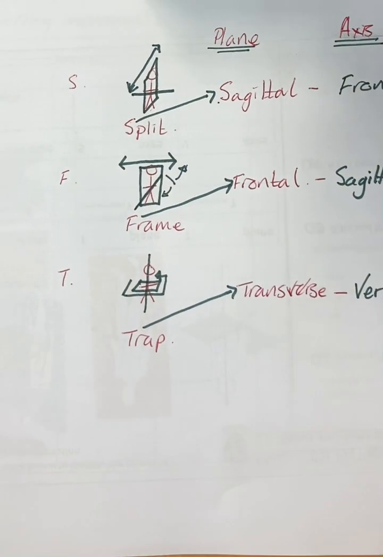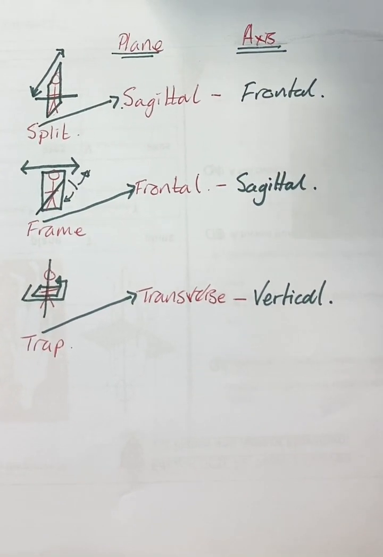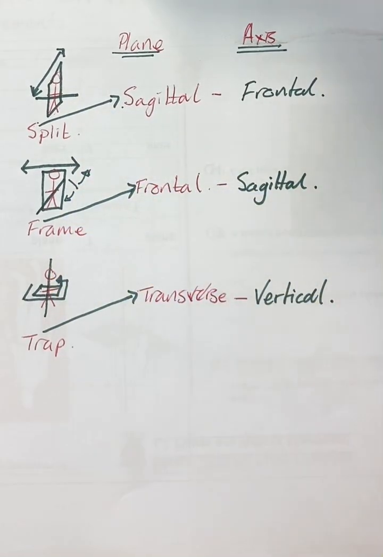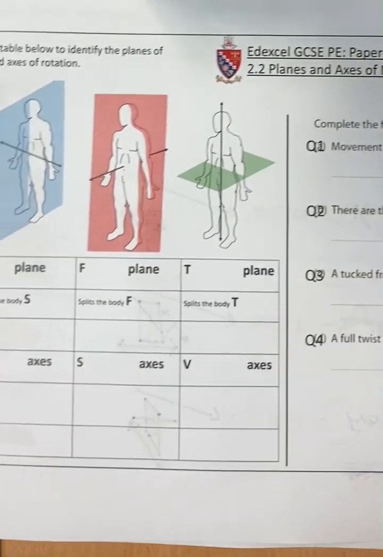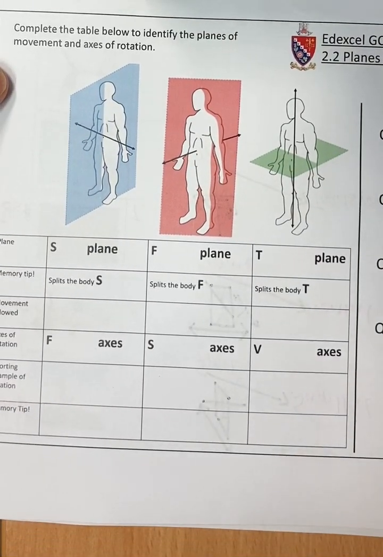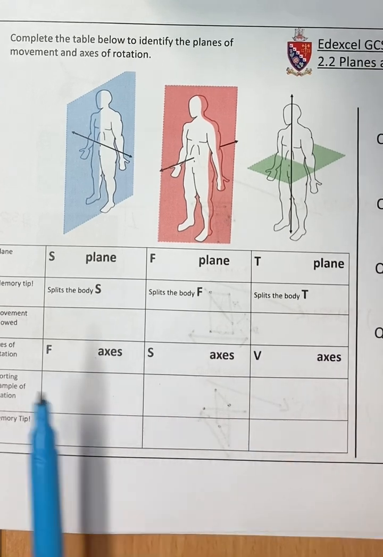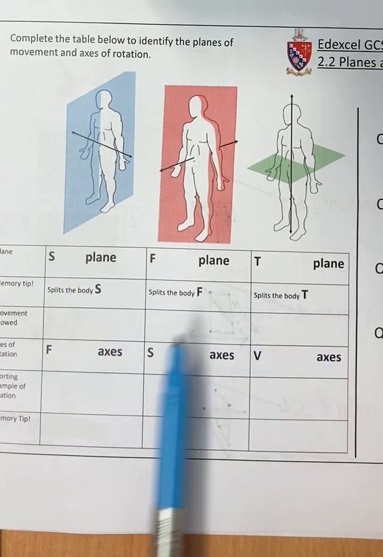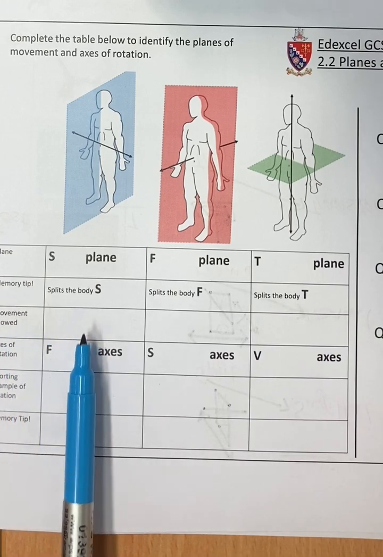Now, if you've got that information, stupid flipping test, sagittal, frontal, transverse plane, and you can split them, frame them, and trap them with all that information, you can then just simply fill in this table here on the first bit of your sheet. Sagittal, frontal, transverse, splits, frames, traps. What are the movements which are allowed within there?